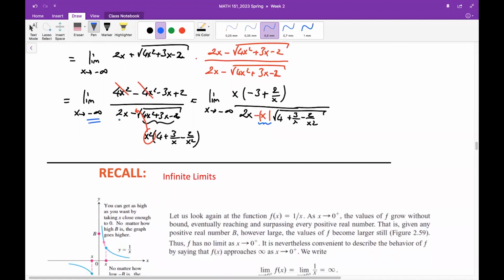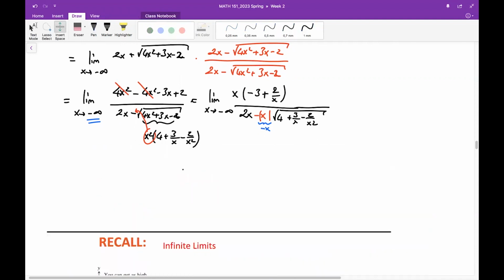Look at x values. x is around minus infinity, showing you that x is negative. That's why you need to evaluate the absolute sign with a minus in front of it, so that you have minus minus plus here. And let me rewrite the expression in a simpler form.